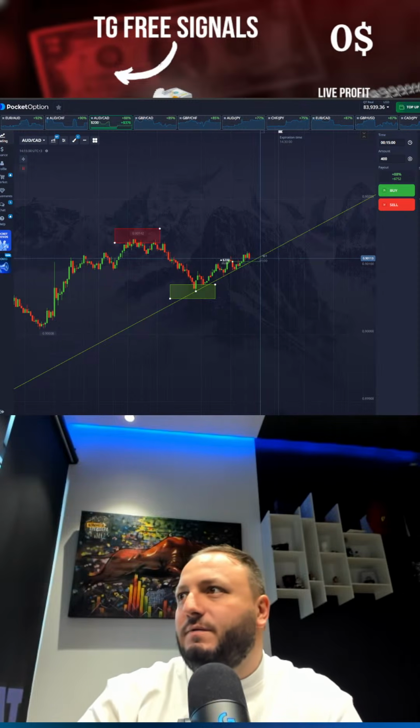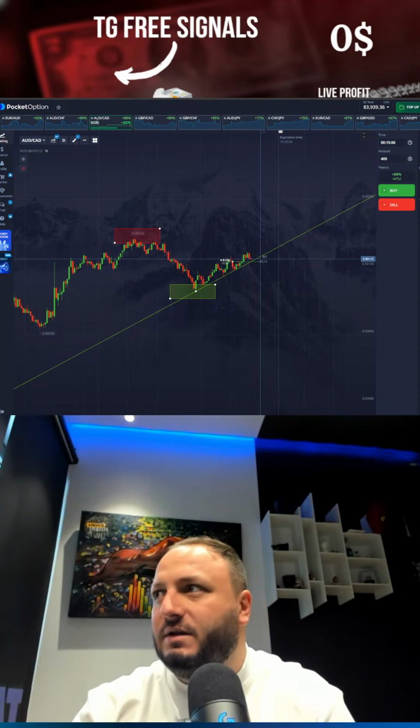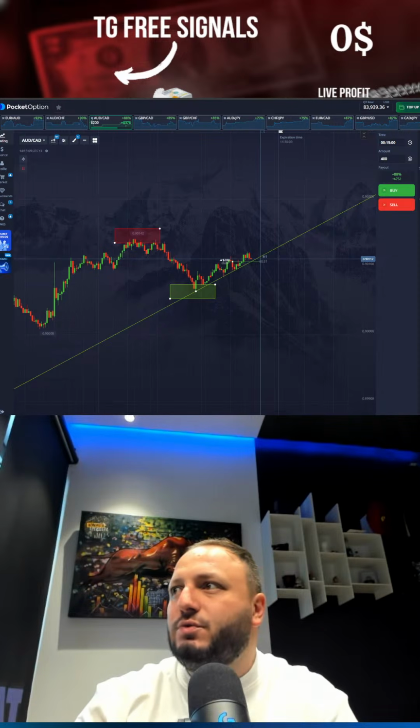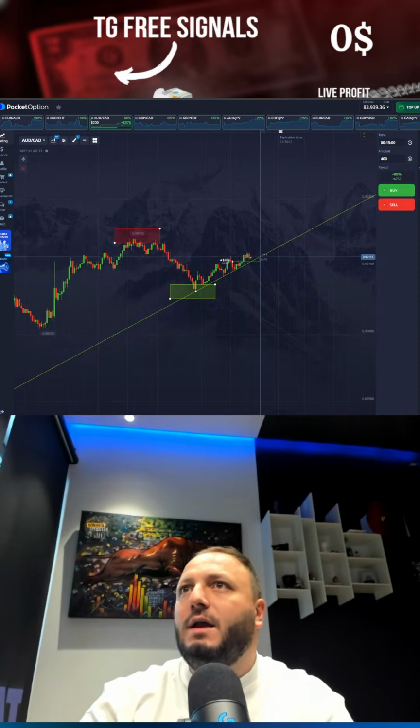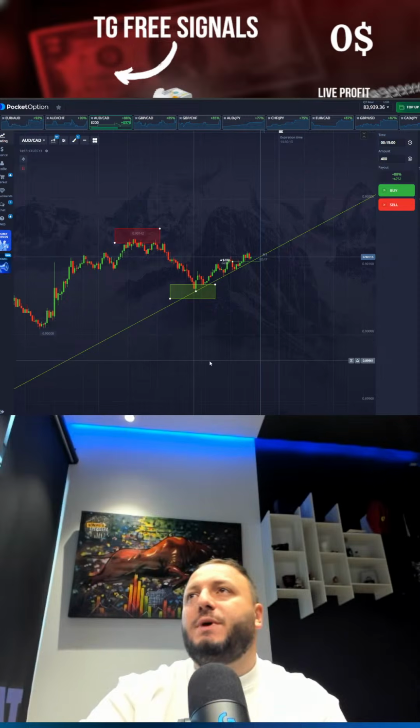What should I do if the deal is negative twice in a row, meaning the first deal was negative and the second is also negative? Should I stop and reset, or should I open a third double deal? It actually depends on your amount.